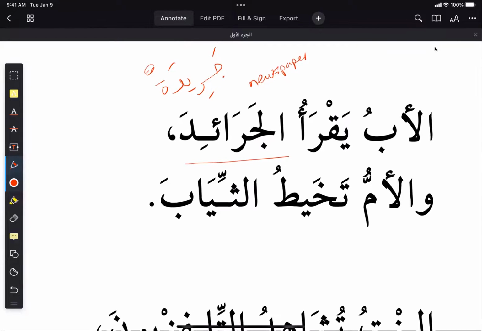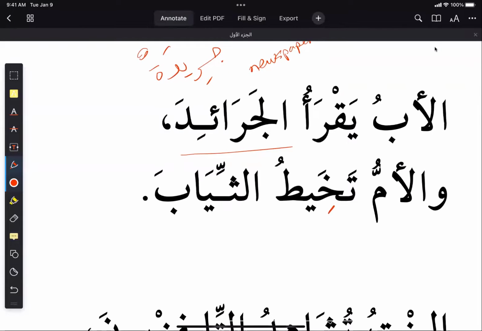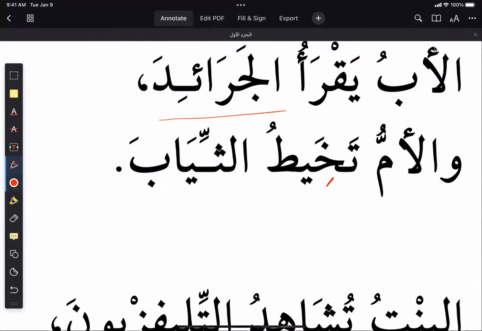While it should be takhitu. While takhitu thiyab. And the mother is, what is khata yakhitu? We had this word before, I think. The past verb is khata, khata yakhitu.